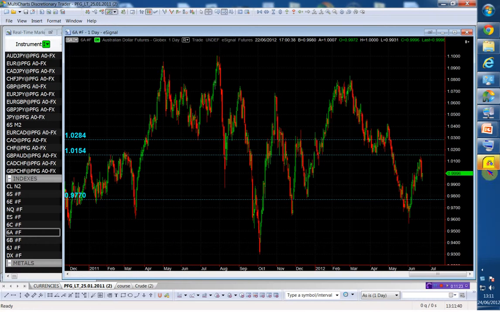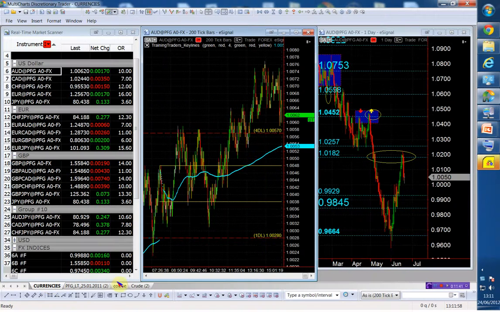And you can see here the close is 99.96. So they say that going forward, the price of the Australian dollar would be around 99.96. If you look at the present value of the Australian dollar, the close of Friday, it has closed at 100.50.